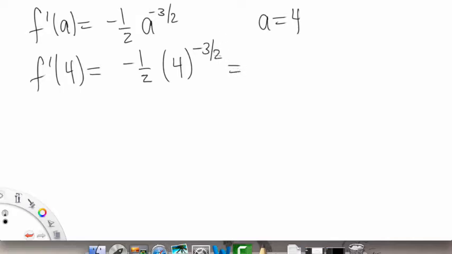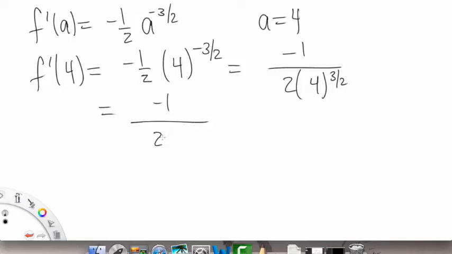So another way we can write that is -1 over 2 times 4 to the 3/2. Okay, and let's solve what this is. That's -1 over 2 times the square root of 4 is a 2, so 2 to the 3rd, and that's going to be -1 over 16. Okay, so this is our f prime of 4.